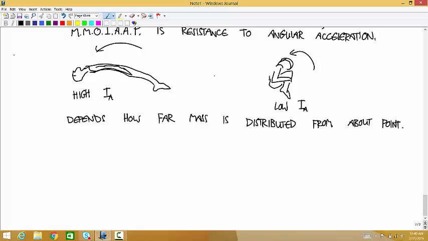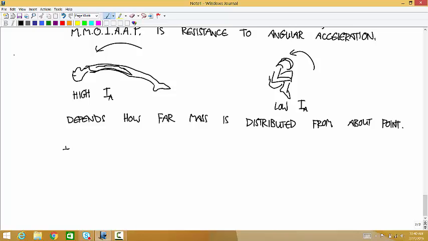The guy's just flying through space. So your about point is the center of mass. Their center of mass is in their chest somewhere. So you can see how much more mass of the body is distributed far away from the center of mass here than it is in that position. Okay, so that's what moment of inertia does.